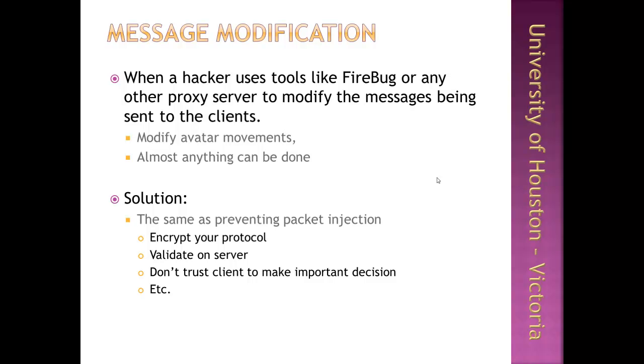The hacker might modify an avatar movement message that would allow their avatar to teleport through walls. They might modify their attack message to do far more damage and adjust the aim to be perfectly accurate. The possibilities with this are endless because everything you can think of can be done by message modification if you know how to do it.